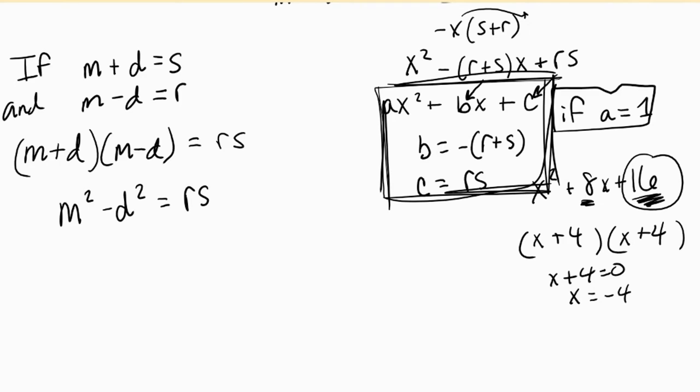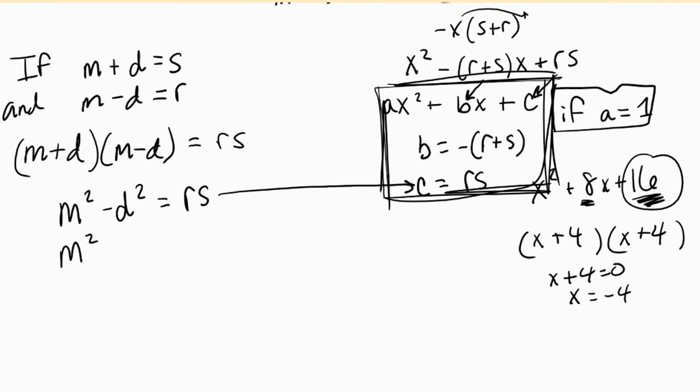RS. Now, I'm going to substitute one more time because we also know that RS is the same thing as C. And that's important to think of as C because that's a value, something we'll have just by looking at the equation itself.